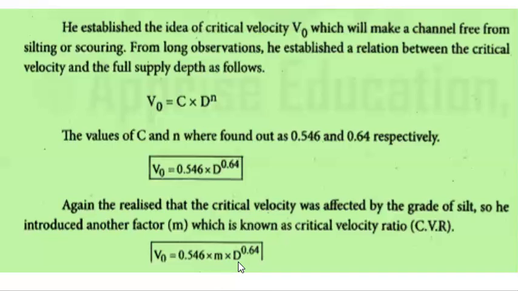Now Kennedy introduced a critical velocity ratio M based on the silt grade, as M is equal to V divided by V0.